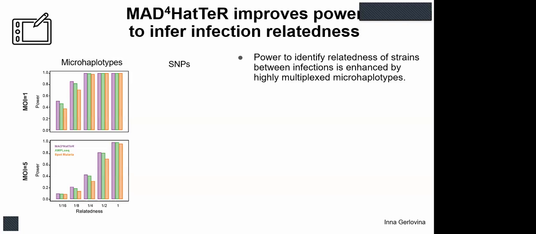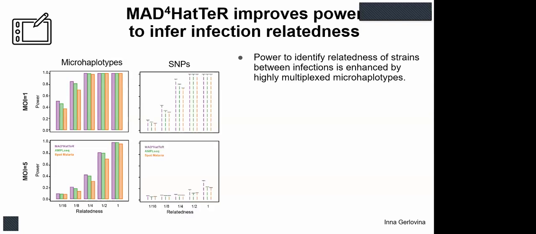And in incidences where the MOI is equal to 5, which is supposed to resemble a polyclonal infection, you still realize that Mad Hatter is outcompeting all the other panels at the different relatedness levels.